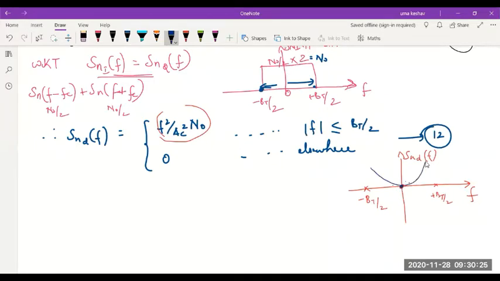You will get an exponentially increasing curve like this, plotting in the complete range. Let me take it from here to here. So you are going to get an exponential or parabolic curve, because here it is proportional to f square, not just f. When f is 3, I am going to get 9. When f is 4, I am going to get 16. So you are going to get an exponentially increasing curve.